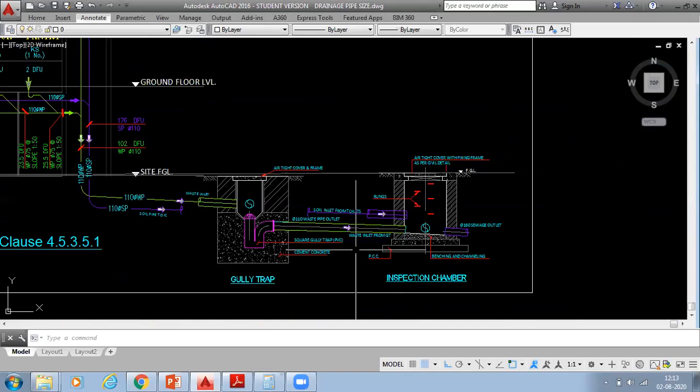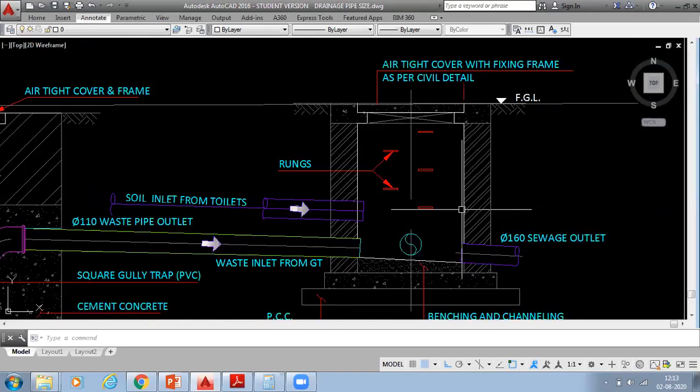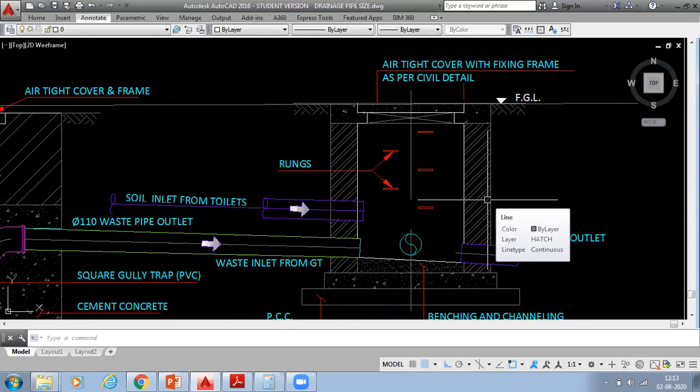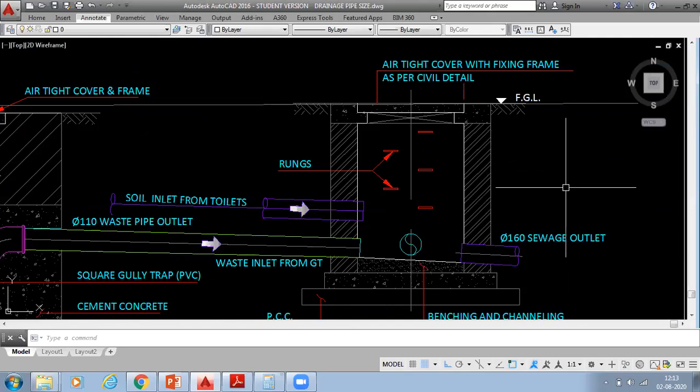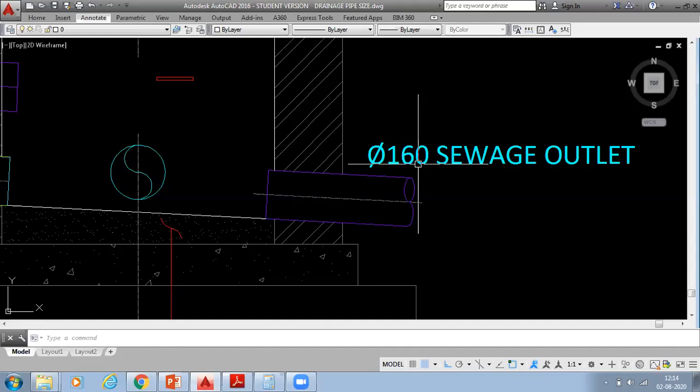So what about the main sewage pipe, manhole to manhole or inspection chamber to inspection chamber? How much do you have to maintain? This also has one rule: the minimum pipe size for the underground main header pipe. Minimum you have to maintain 160 mm or 150 mm, or a 6 inch pipe you have to use.